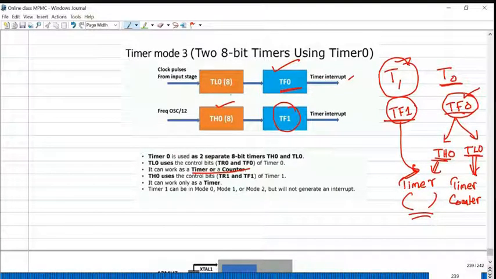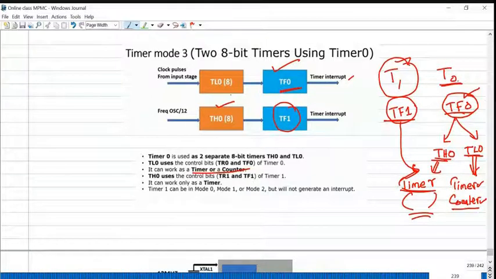So timer 0 has two independent registers. TL0 works as timer as well as counter. It can operate as a timer by counting the internal clock pulses, or it can act as a counter by counting the number of external events that occur. But TH0 acts only in timer mode.